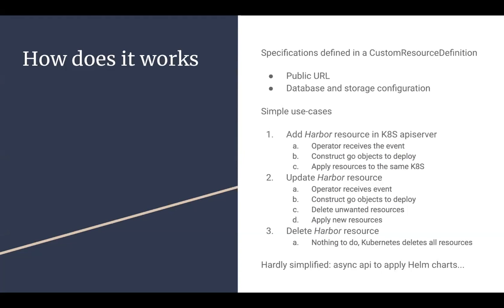What does the operator do? In the first case, adding a Harbor, it simply reacts to the event, receives the event, and constructs the Kubernetes resources to deploy the stack. So it constructs internally in memory, I mean, and then applies to the Kubernetes API.